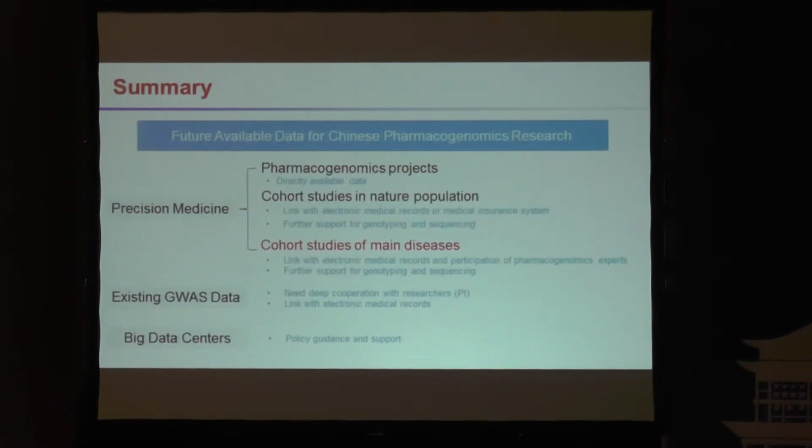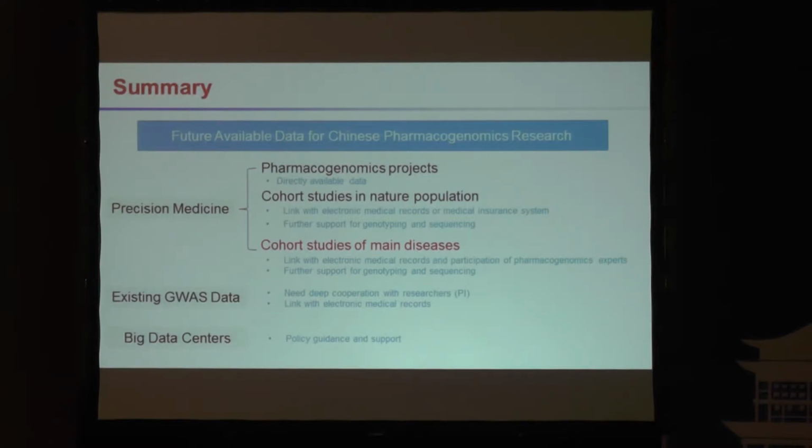In conclusion, in the future, available data for Chinese pharmacogenomics research will come from precision medicine, the existing drug datasets, and big data centers. For precision medicine, the pharmacogenomics projects will provide directly available data. For the cohort studies in the natural population or the cohort studies of major diseases, we need to link these samples to the electronic medical records, and these samples need to be genotyped with further funding.